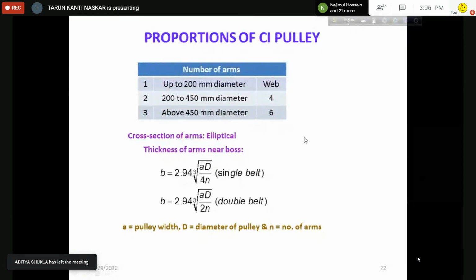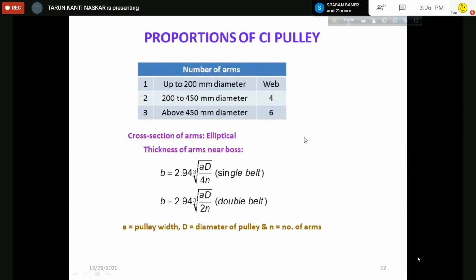You just imagine there is a pulley without any arm. Clear? And there is a hub, and the hub is connected to the rim, the inside part of the rim, by a thin plate, a thin cylindrical plate.